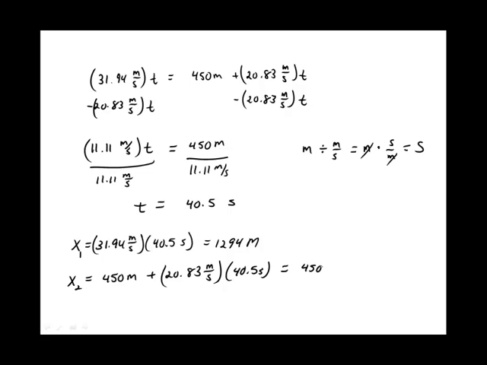So this is 450 meters plus 844 meters, and that equals, lo and behold, 1294 meters, which it should. If I'm passing him, we have the same position. So the position of myself and the position of the car in front of me are the same.